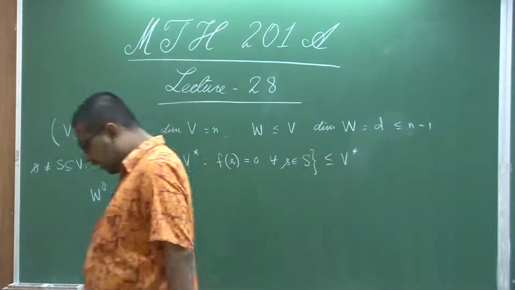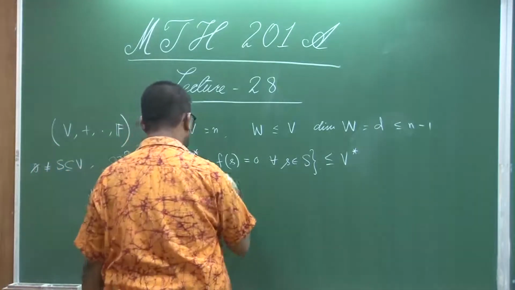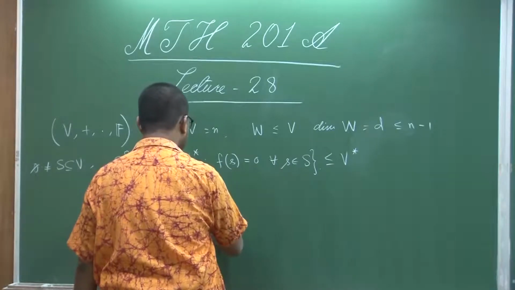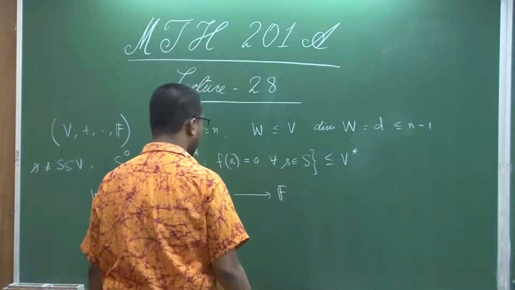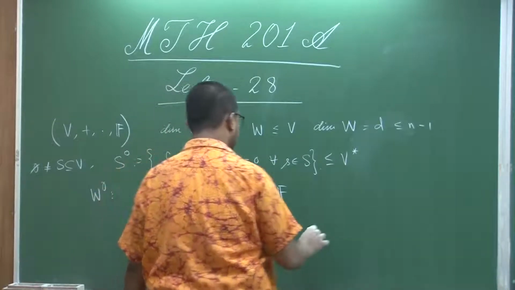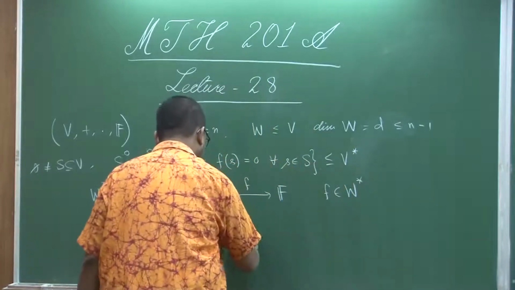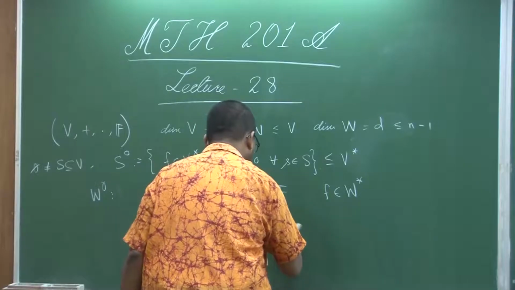Now, let us observe one very simple thing: if f is a linear functional from V to F such that f vanishes on every point of W, then we can indeed talk about the following map f bar.